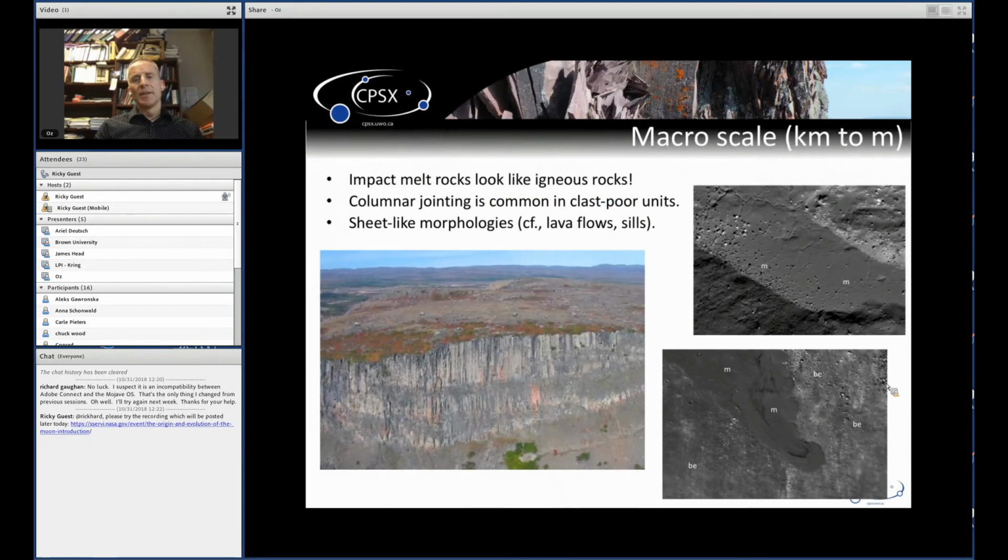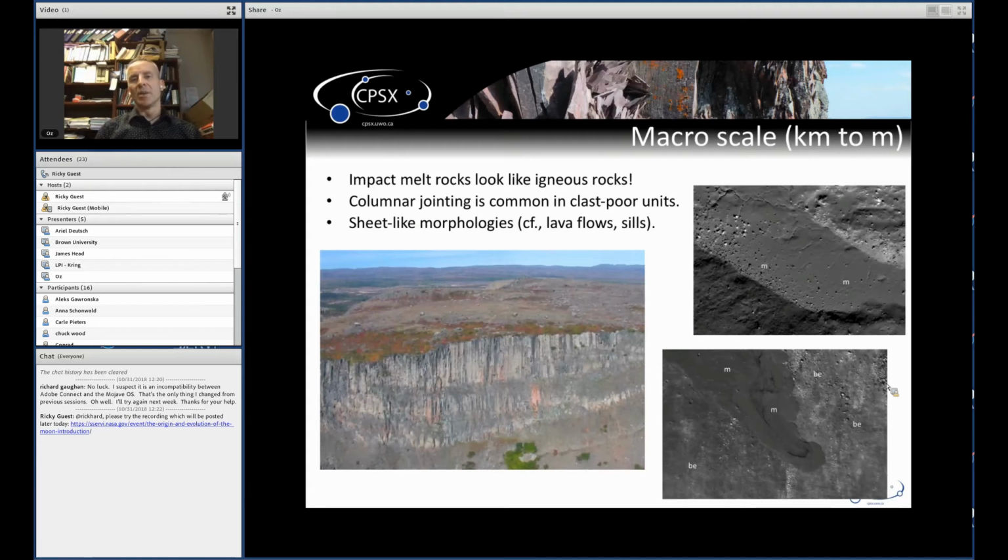And quickly now, what do these look like? Well, on Earth, we have the luxury of flying around in helicopters and looking at these on the ground. But the key take home here is that impact melt rocks look like igneous rocks. The left-hand image here is an impact melt rock, part of the melt sheet of the Mistastin Crater in Labrador. You can see columnar jointing in about a 30 meter cliff here.